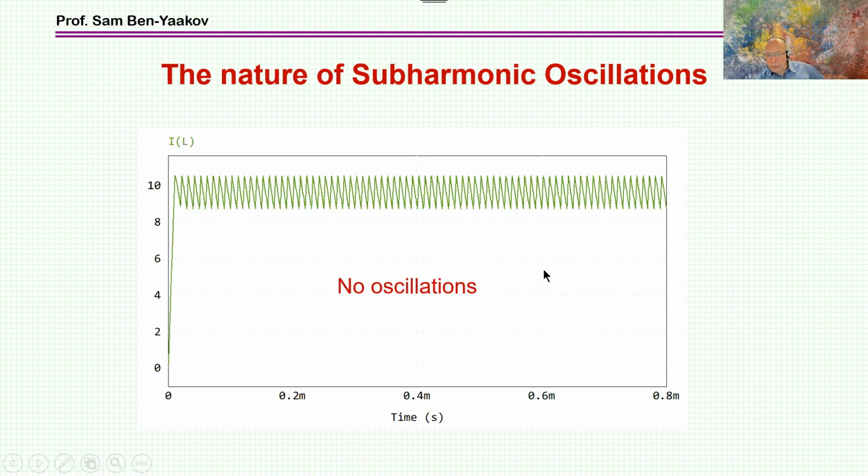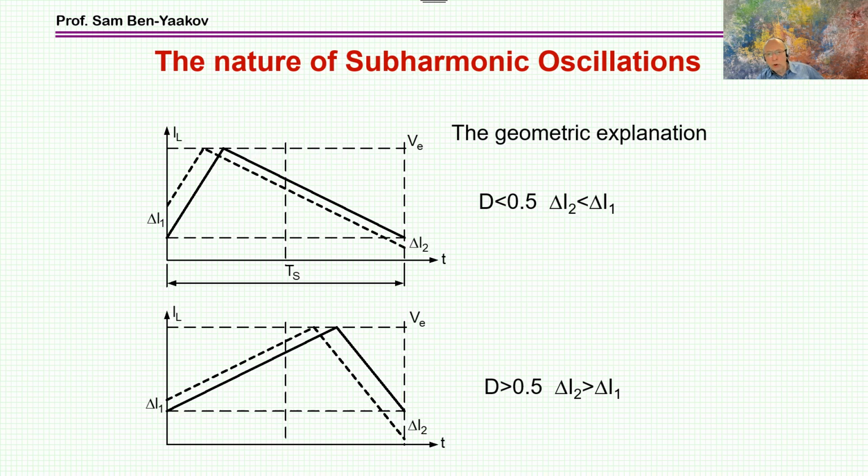So what can be done? There are two things that can be done. One is to work always at a duty cycle lower than 0.5. And in many cases, for example, flyback converters, this is done like that.